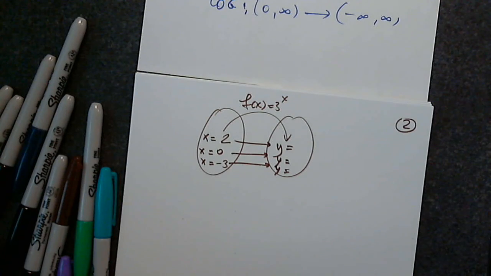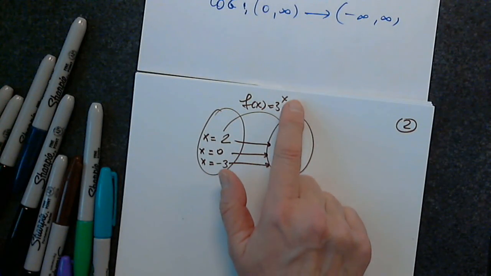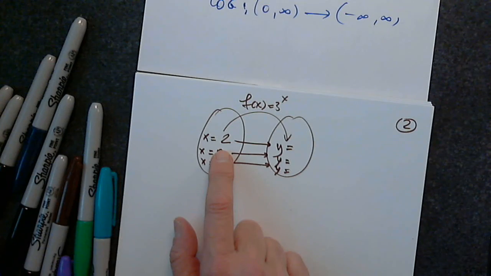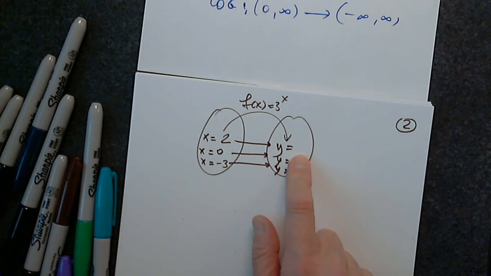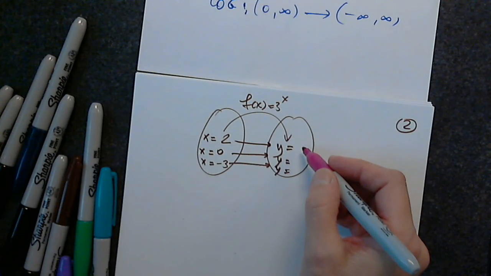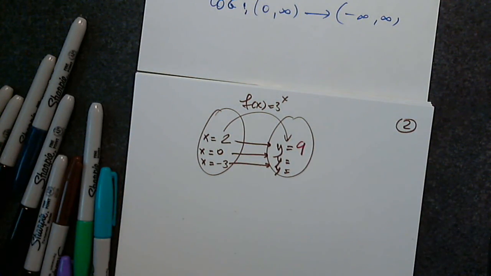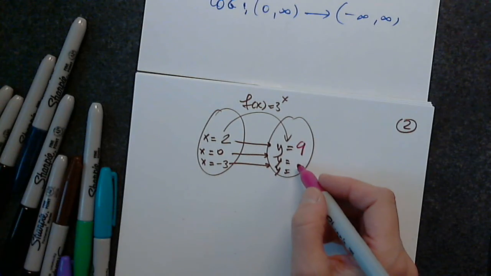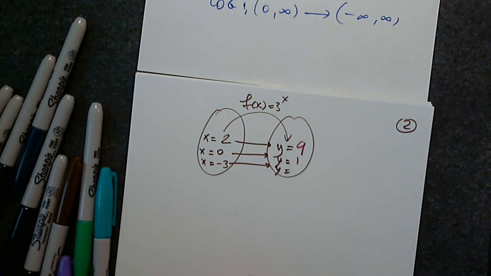I have to use the function. No, it's 3 raised to x, and x is 2. What is y? Perfect. What is y next for 0? Excellent. And for negative 3?